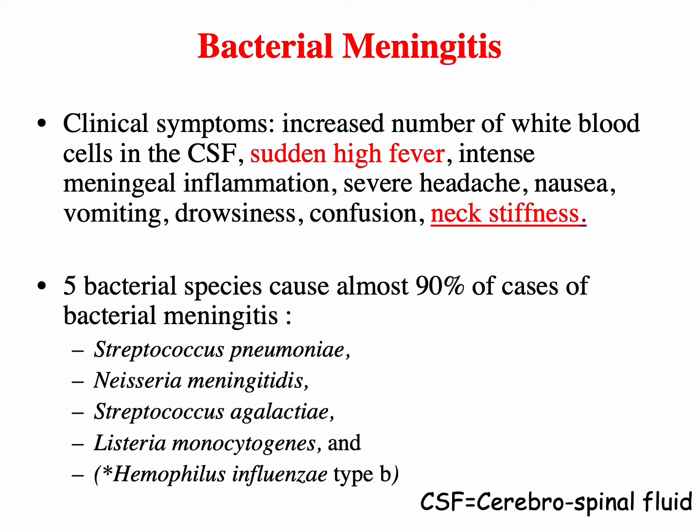Then there are other symptoms associated with meningitis that you can see listed there. There are 5 bacterial species that account for almost 90% of the cases of bacterial meningitis. This is what we already just listed in the table.